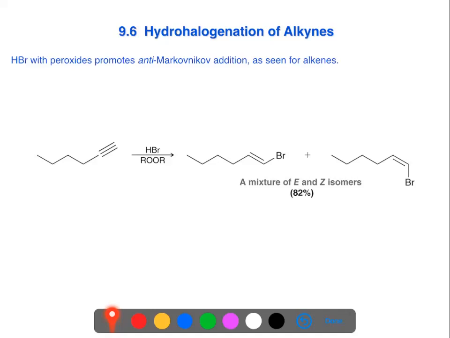We saw with alkenes, this was a radical reaction. It's believed that this is also a radical reaction in the presence of an alkyne. What we do observe is a mixture of isomers. We obtain both the E and Z, or cis and trans isomers in this example, for the final bromoalkene.